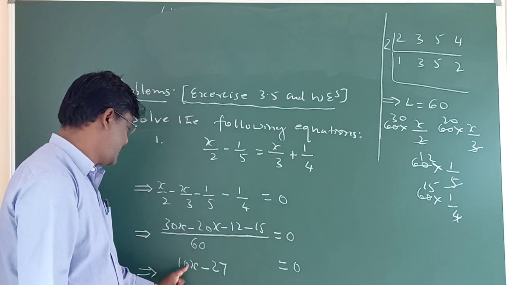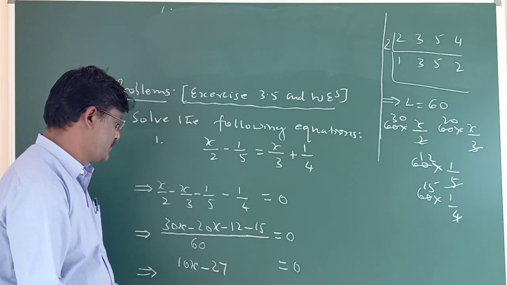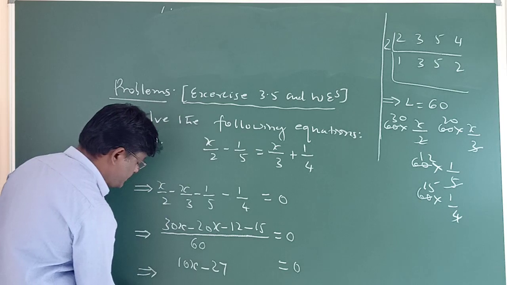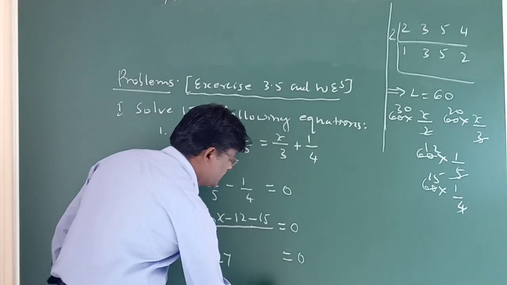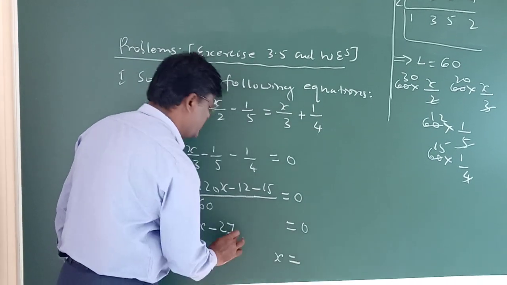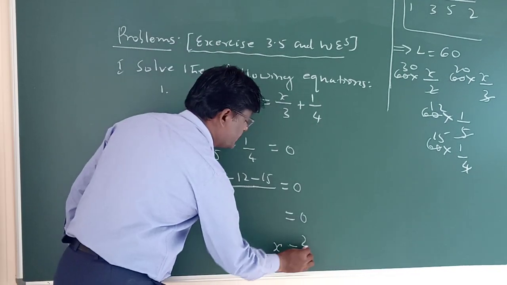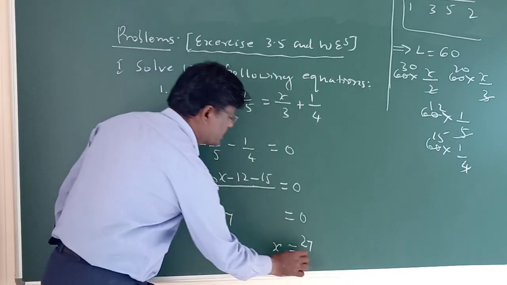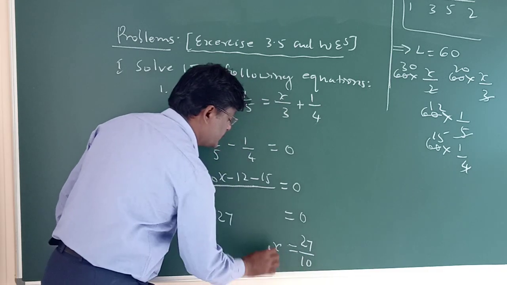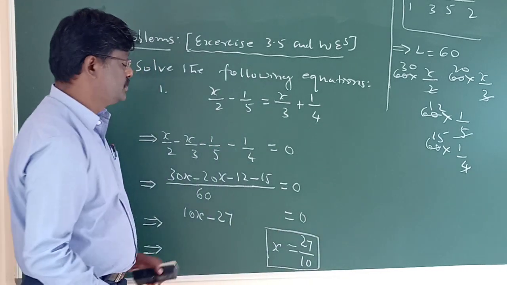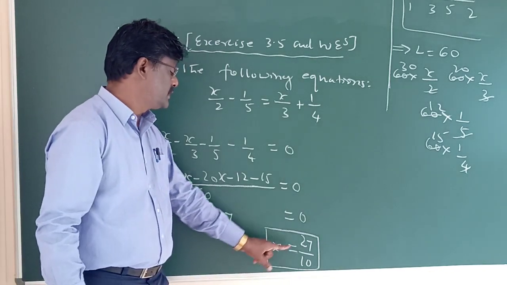Okay, therefore 10x minus 27 equal to 0. Hence now this implies what? 10x equal to minus 27 becomes plus 27, and into becomes divided by. Thus the solution, the value, the root of x is what?